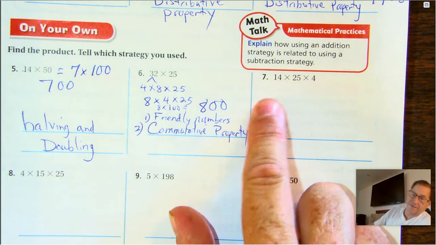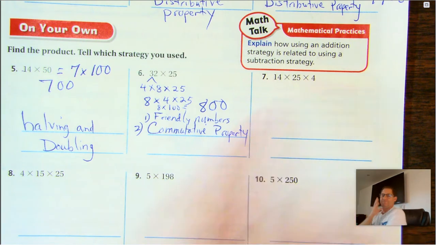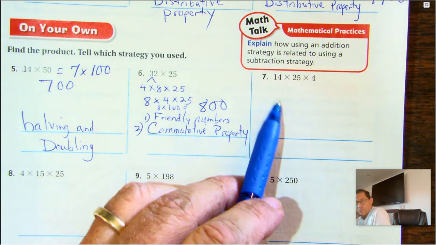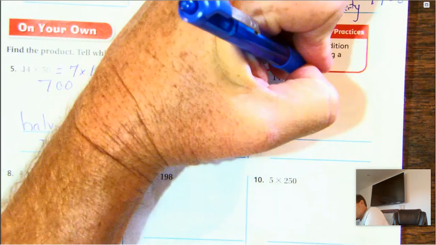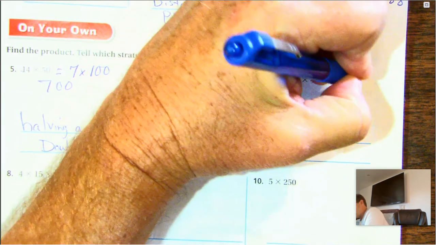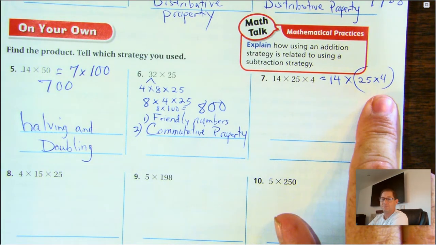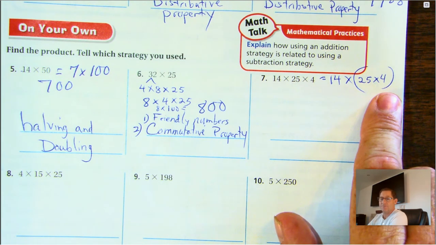So let's look here. 14 times 25 times 4. Well, why don't we just use the associative property? Because the order of operations says I'm supposed to go left to right. So I'm going to rewrite this and show the associative property. So associative property just tells me how to group the numbers. That's all we're doing. I want to multiply 25 times 4.